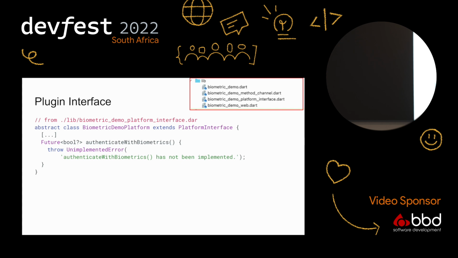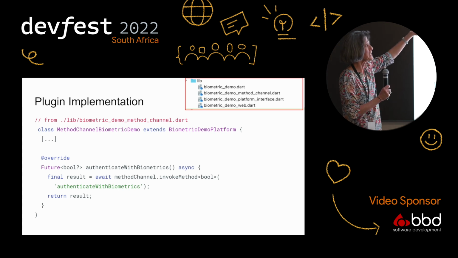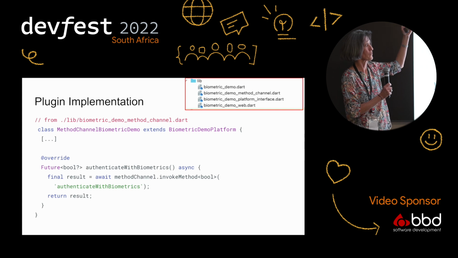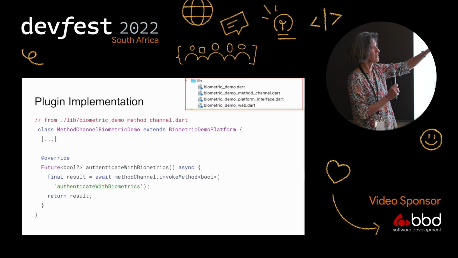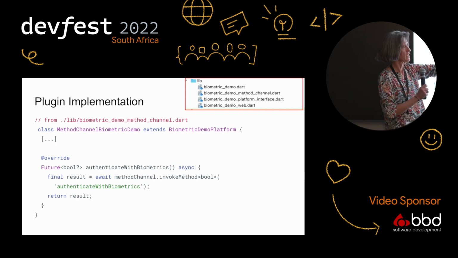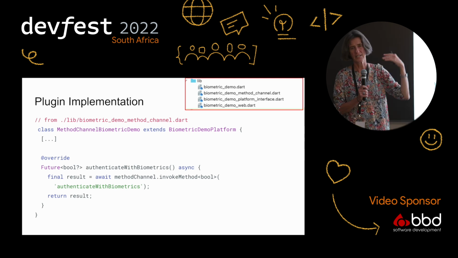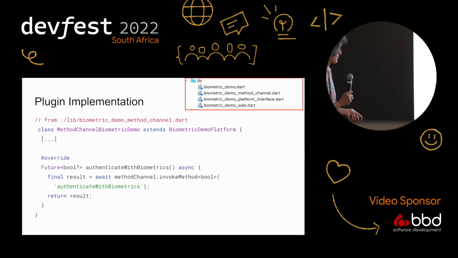I didn't show the setting up of the channel, it didn't fit on the slide, but I'm showing here how to actually use the channel. So as you know, the user of this package would call authenticate with biometrics, eventually it would trigger my channel method, and it would trigger the corresponding functionality in the underlying platform.